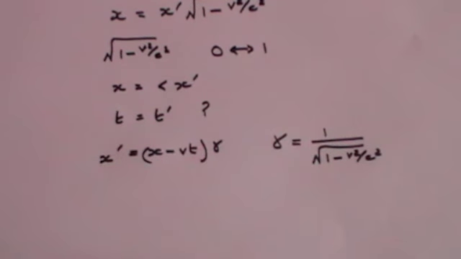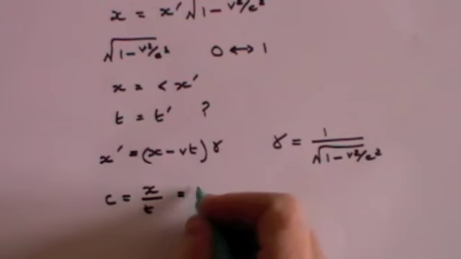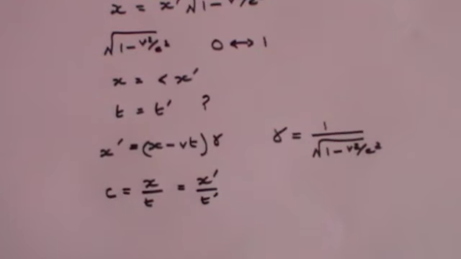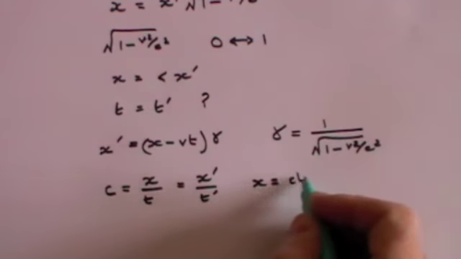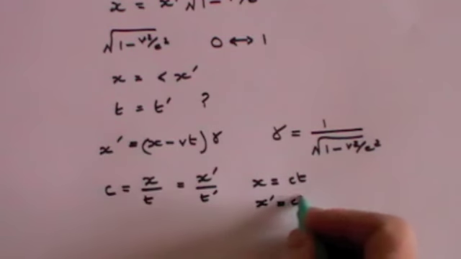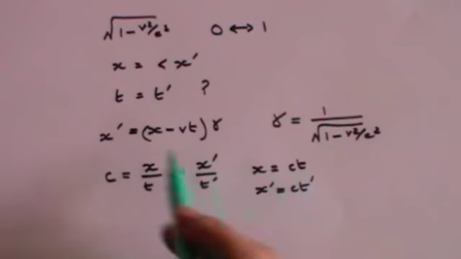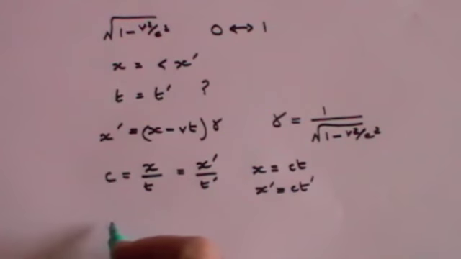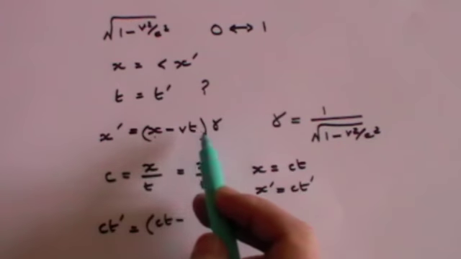And we'll also remember from the speed of light that light is equal to x over t, and it's also equal to x prime over t prime, which means that we can take x is equal to ct and x prime is equal to ct prime. So let's substitute these values into this formula. So now we get that x prime, which is ct prime, is equal to x, which is ct, minus vt.